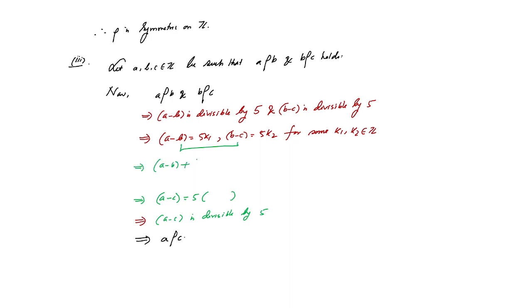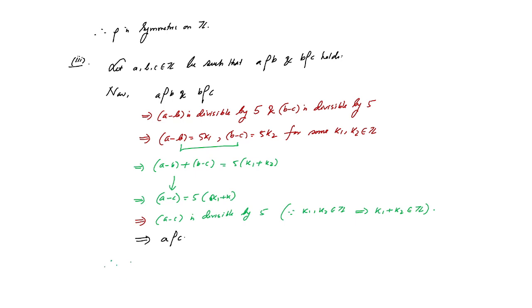A minus B plus B minus C will be 5 into k1 plus k2. It is divisible by 5 as k1, k2 are both integers, so k1 plus k2 is also an integer.